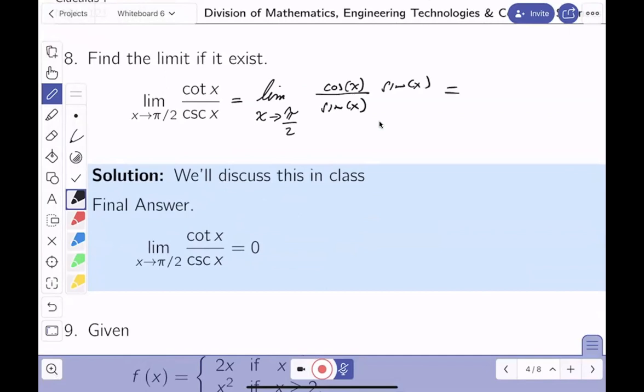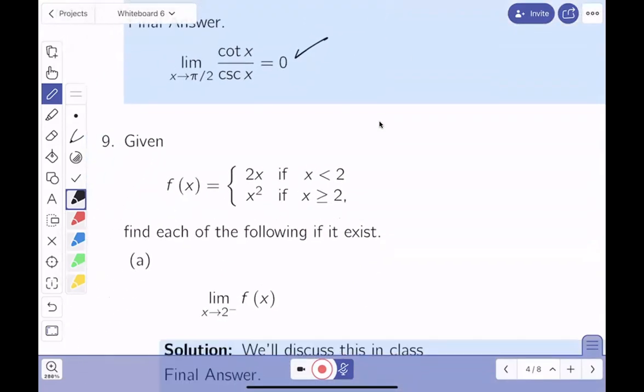Well, what do I know about this thing? I probably could do this now without much problem. If x goes to pi over 2, the sine would go to 1, which is not bad, and the cosine would go to 0. So you would get 0 on the top, 1 on the bottom, which is not a problem. So it's 0.